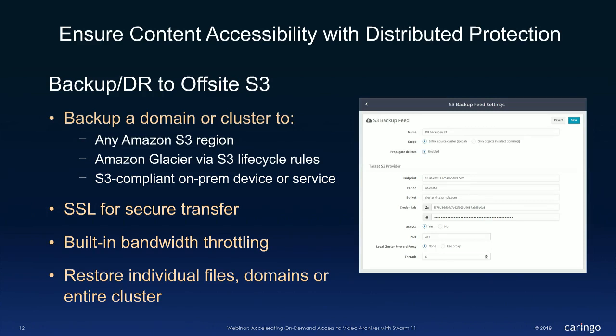So storage domains in our system are a way for you to manage and keep your content organized. Whereas the endpoint region name or URL host name in AWS S3 is really used to get you to a particular geography or region in the world. And so we have that. We also then have tenants in our system.